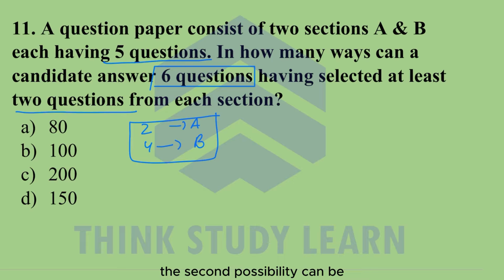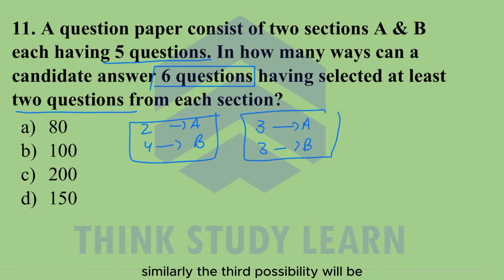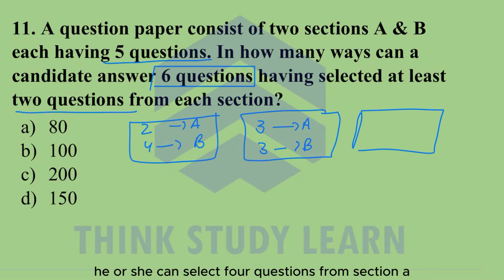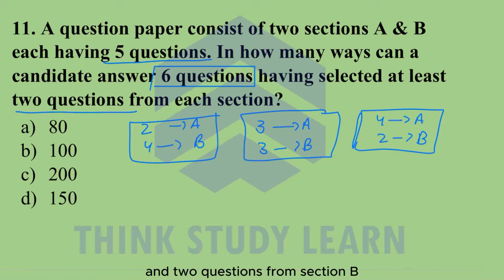The second possibility is he can select 3 questions from section A and 3 questions from section B. Similarly, the third possibility is he or she can select 4 questions from section A and 2 questions from section B. So these are the 3 possibilities if at least 2 questions from each section have to be selected. Of these, the first and third are the same.